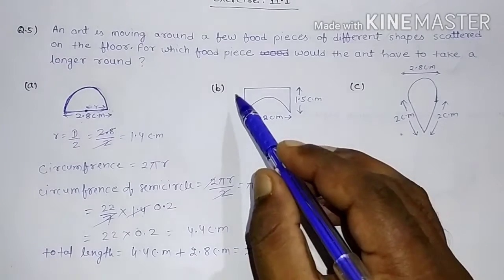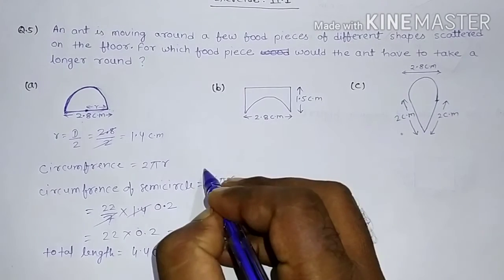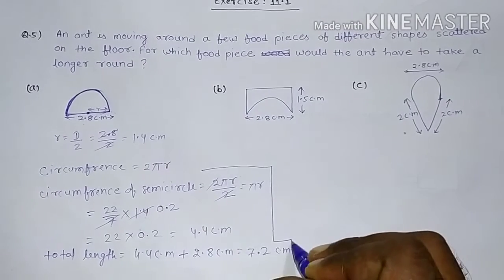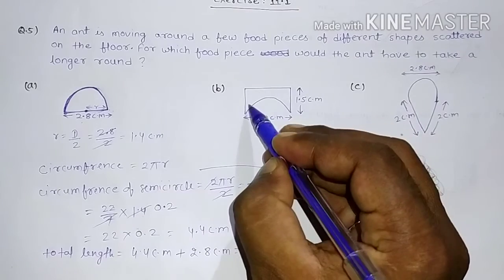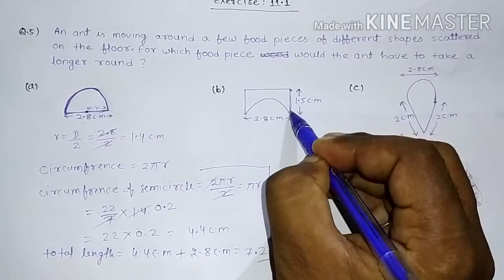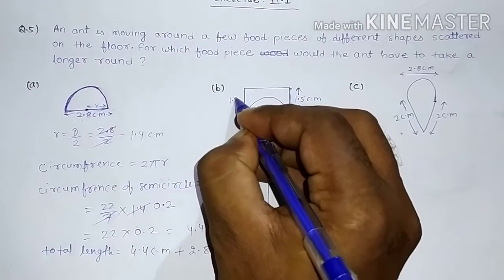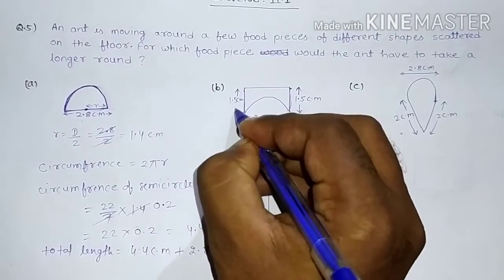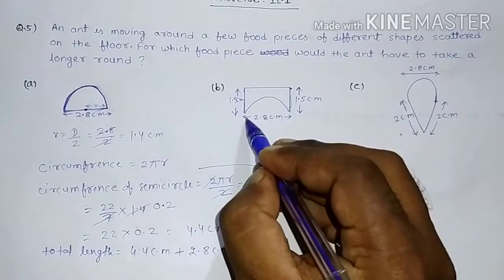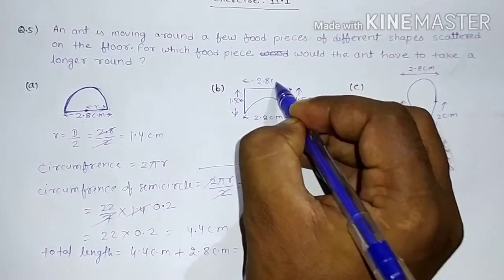Now B part. So let's suppose this is given as 1.5 centimeter. So this line is equal to this line. So it will also be 1.5 centimeter. Now this is 2.8. So it is also 2.8 centimeter.